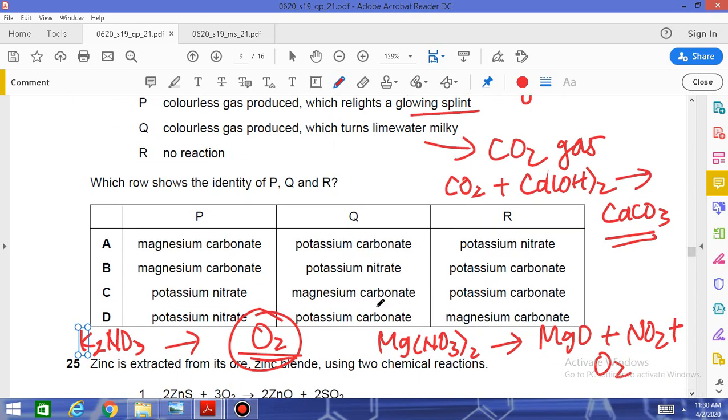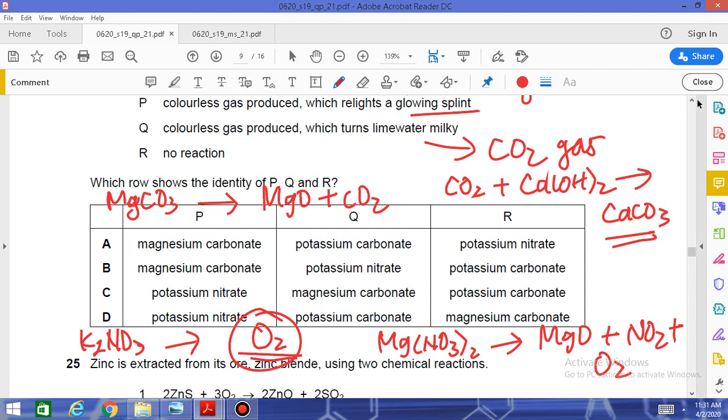Okay, how about magnesium carbonate? When magnesium carbonate is heated, magnesium oxide and carbon dioxide are produced. When carbon dioxide reacts with lime water, calcium hydroxide, calcium carbonate is produced. It turns the lime water milky. Okay, and R is potassium carbonate.